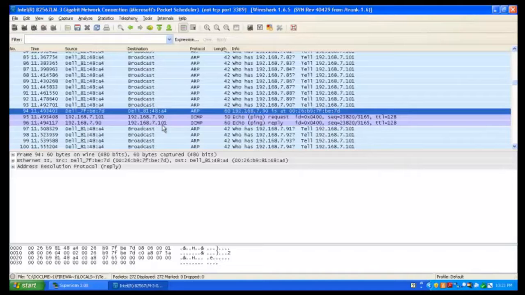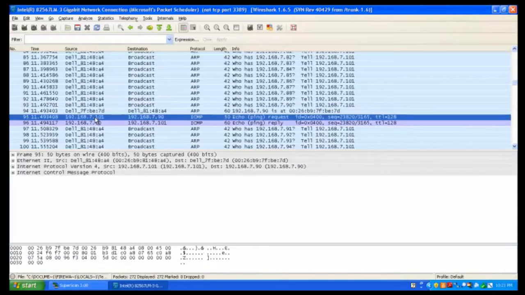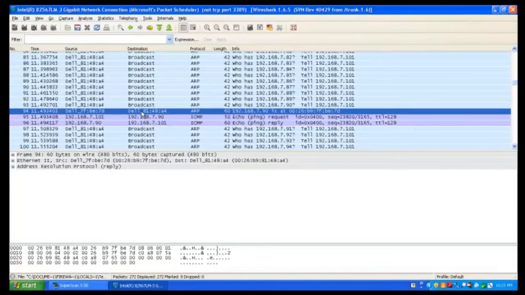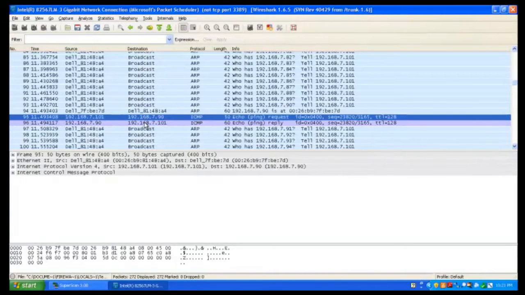This is the MAC address that's actually used as the destination right there to get this packet to 192.168.7.90. So in this case we get all 4 packets: ARP request, ARP reply, ping request, ping reply.